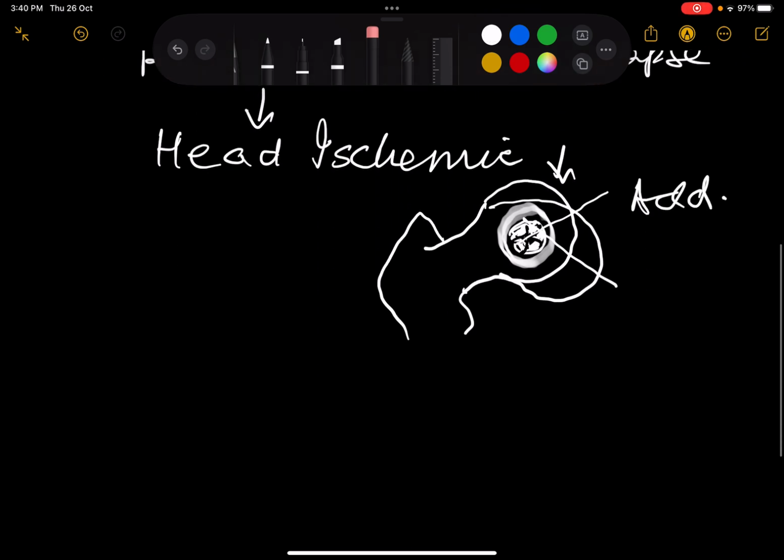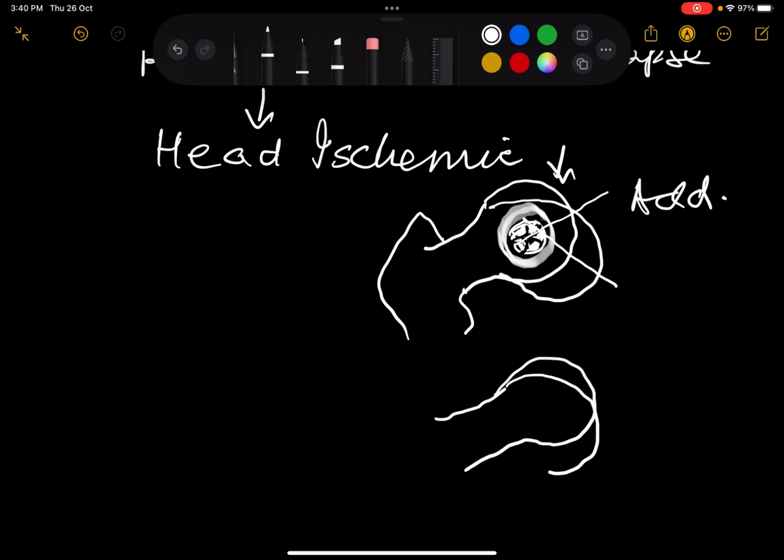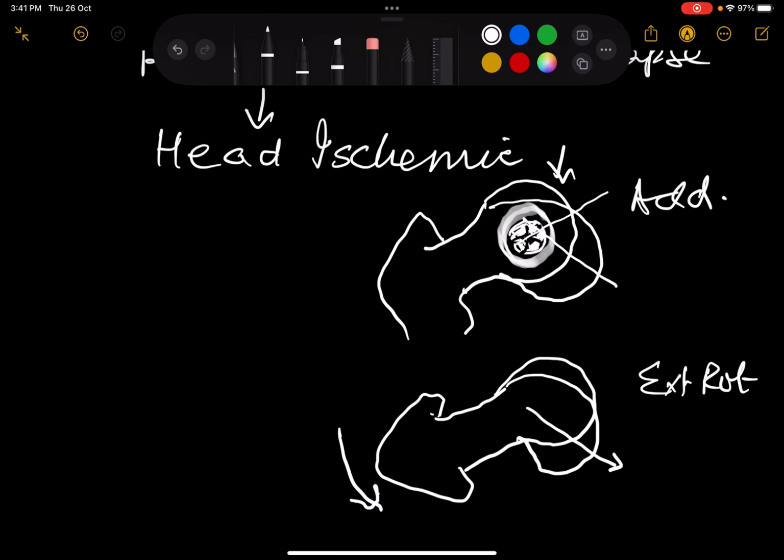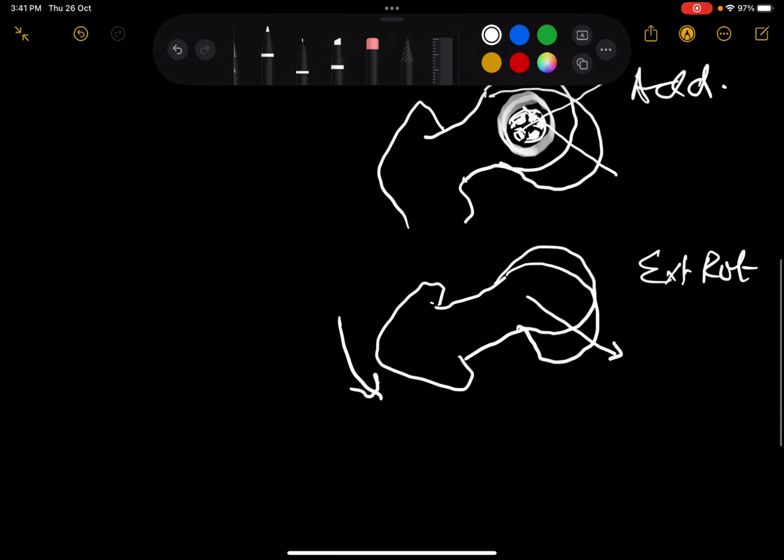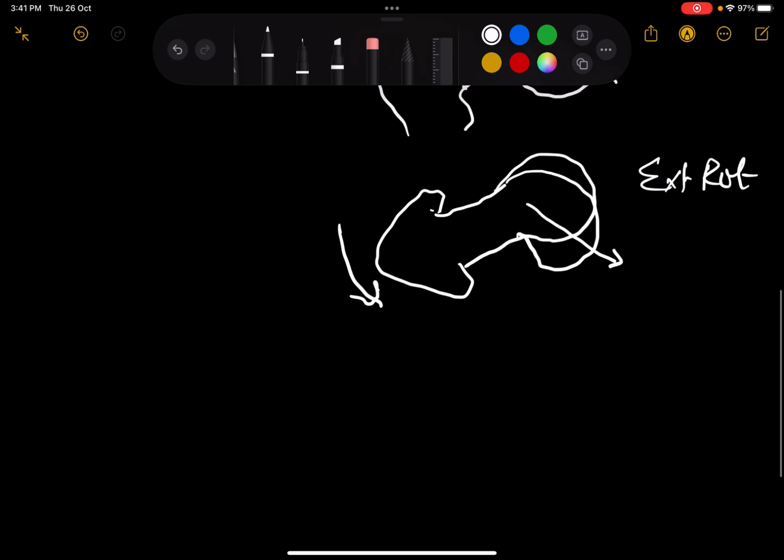And if you see it from the top, this is the neck, and this should have been the head, but now since it is collapsed, it becomes directed backwards. So this leads to an external rotation deformity. And finally, the pathology is over and the whole head is ossified in a wrong shape.